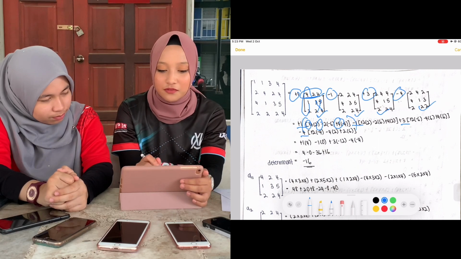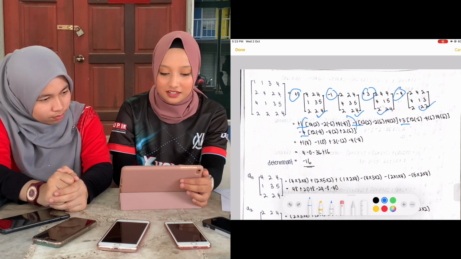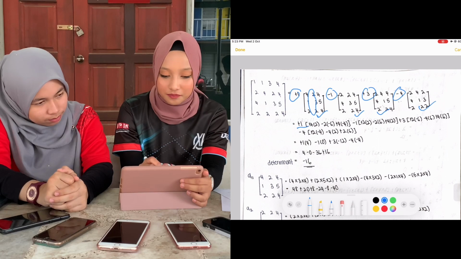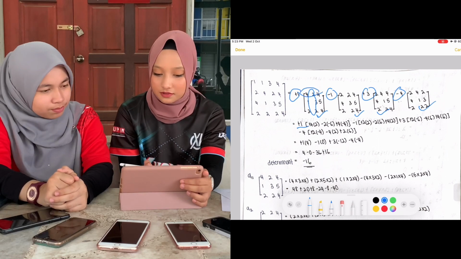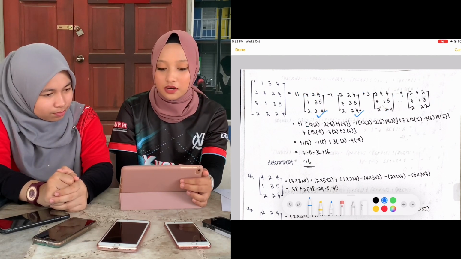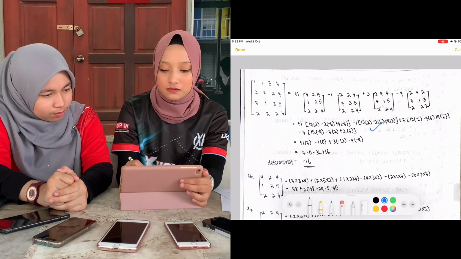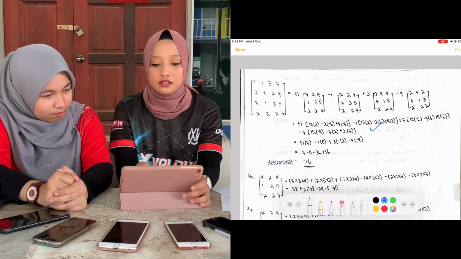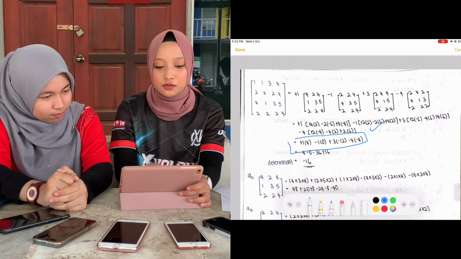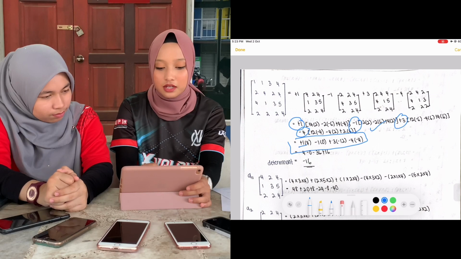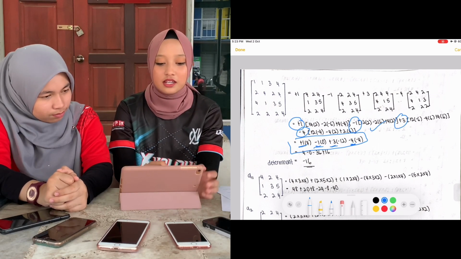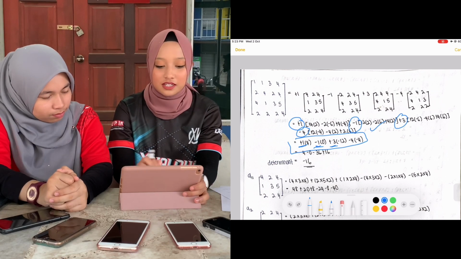It is the same when you close the second column and the first row. It works the same for every number here. When you have finally calculated, you will get this one. Just so you know, the numbers in front, which are positive 1, negative 1, positive 3 and negative 4, have to stay in front. Once you have done that, you can calculate and finally you get the determinant of negative 16.